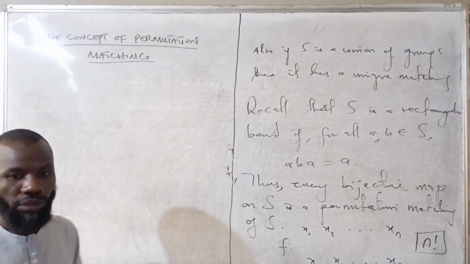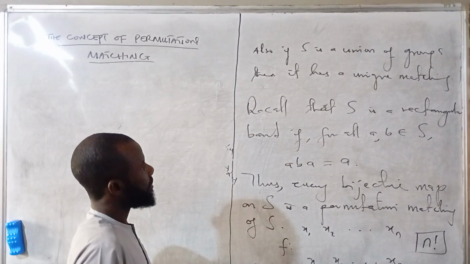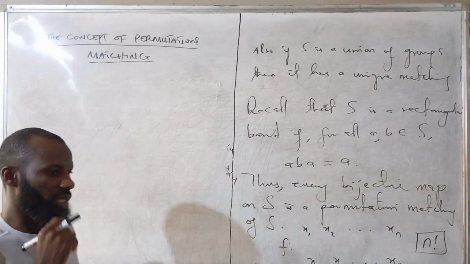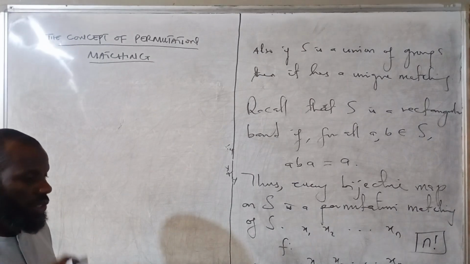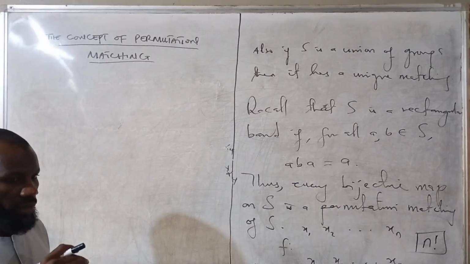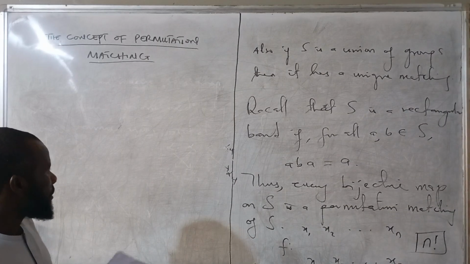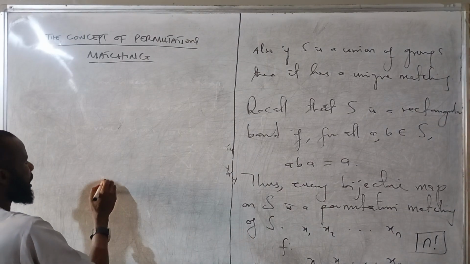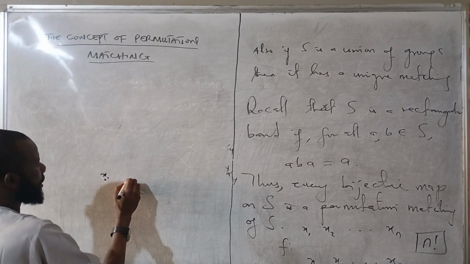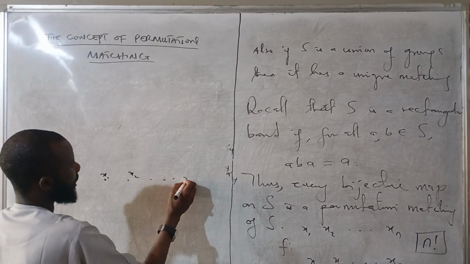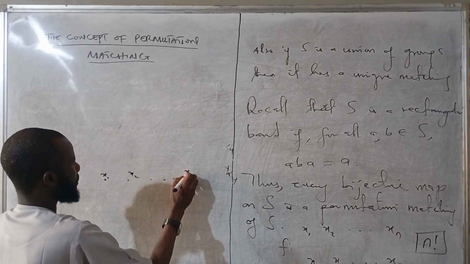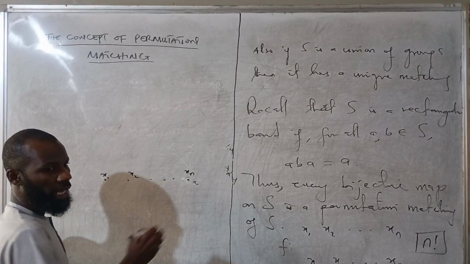Well, what is the motivation for looking at this permutation matching? It actually has something to do with a combinatorial problem, the existence of Hall's condition for a bipartite graph. You can see this is like arranging vertices x1, x2, all the way down to xn if you think of a semigroup of n elements.